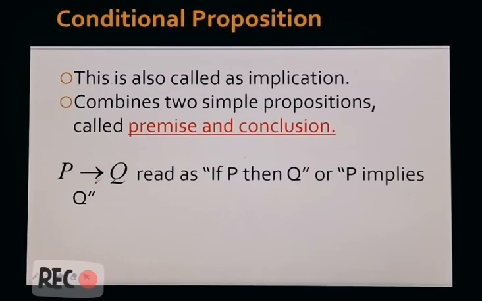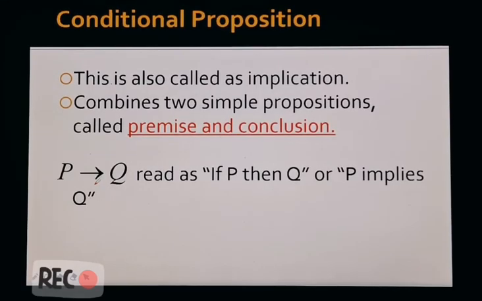The next one, we also have conditional proposition. So conditional proposition is also called implication. It combines two simple propositions called the premise and conclusion. And the symbol for conditional proposition is an arrow like this one.